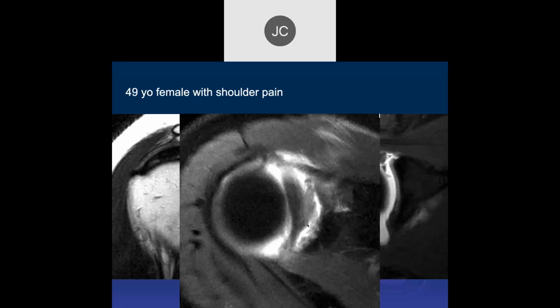And there's the tear. So what type is this? Let's see, we're going anterior to, it's a 2. Maybe 2C. Yeah, I think I would call it a 2C because it extends really into and through the biceps anchor. So that's another type 2 SLAP tear.